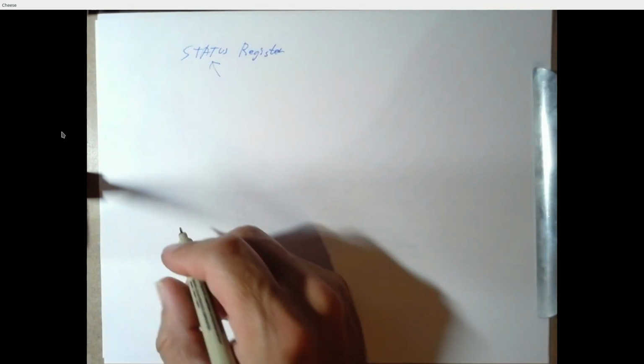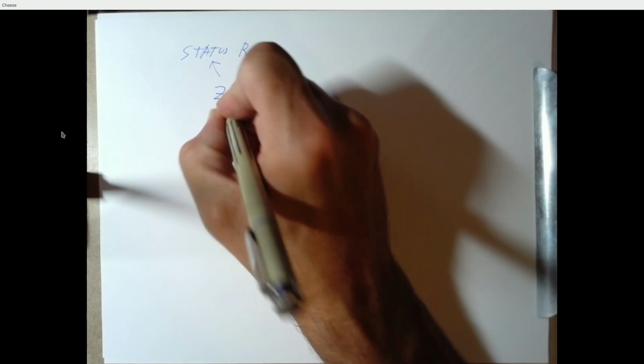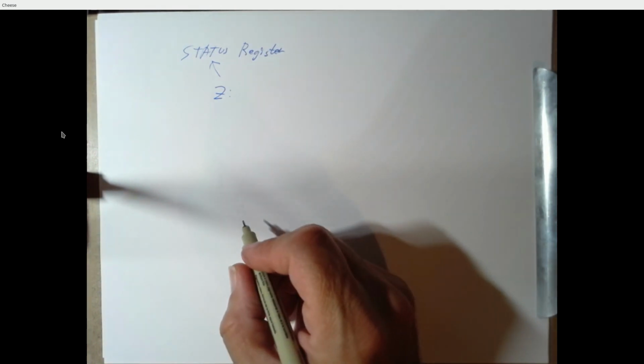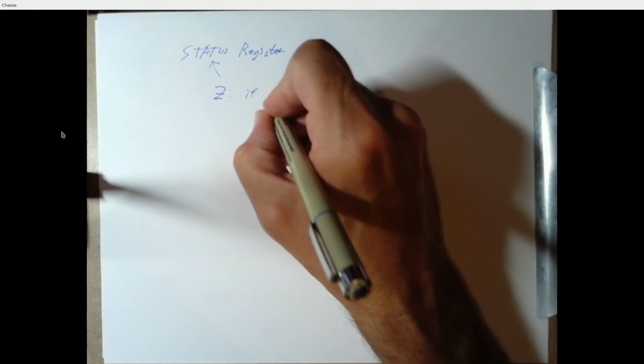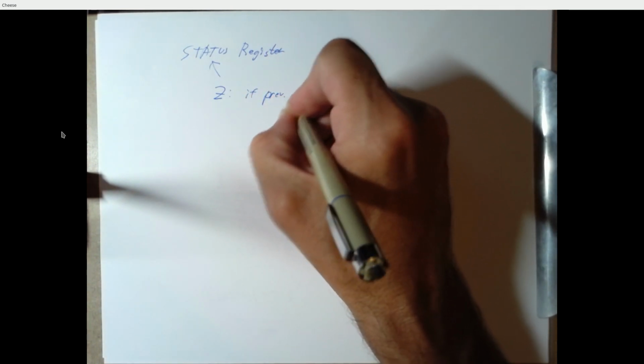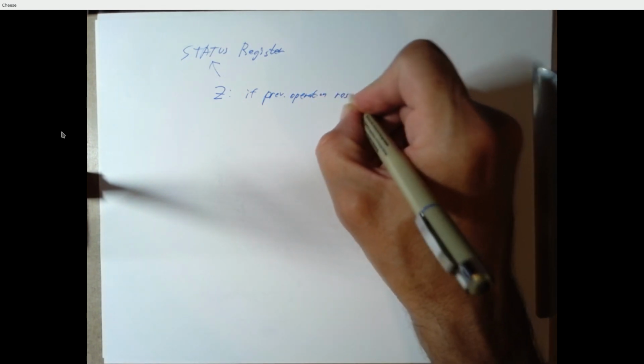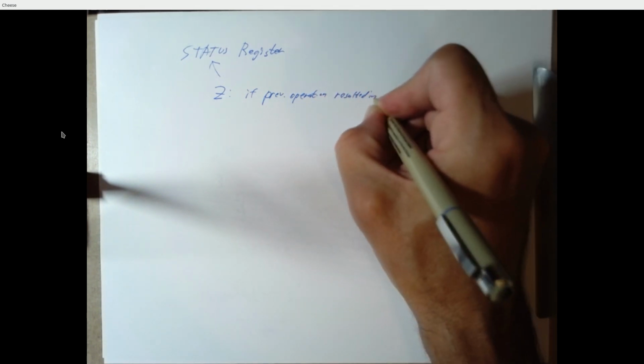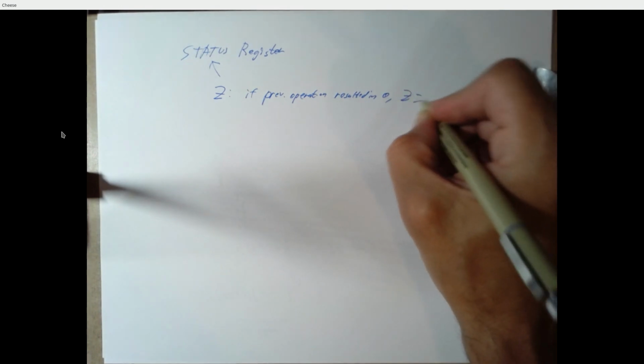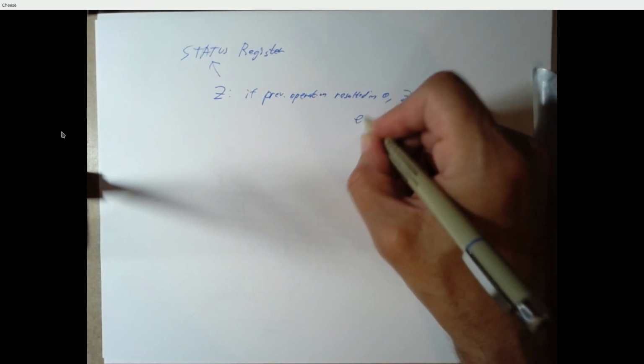Most of the instructions that we perform will update information in this status register. For example, one bit of this register is called Z. So Z is a single bit, it's a 1 or a 0. So if the previous operation resulted in 0, then Z will be true.